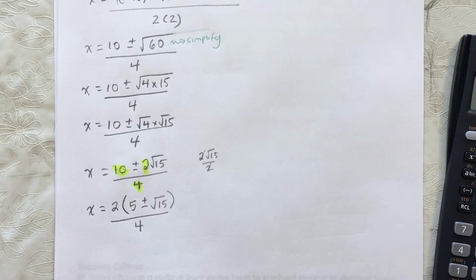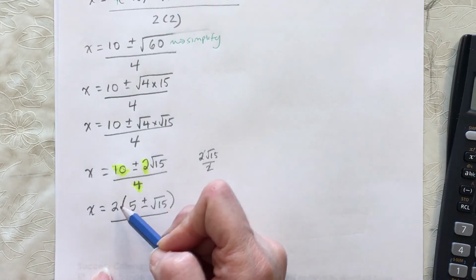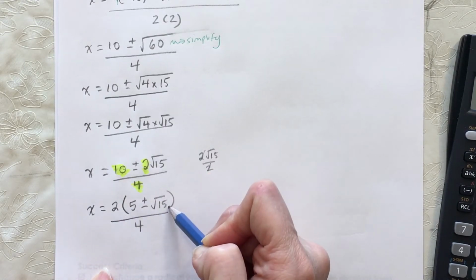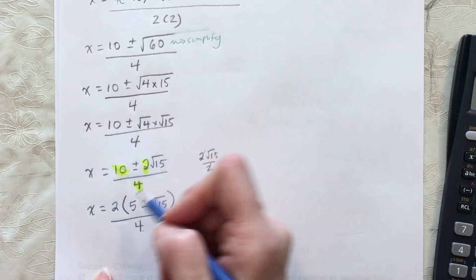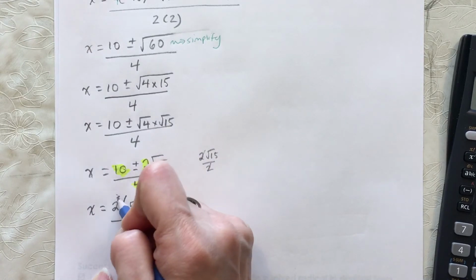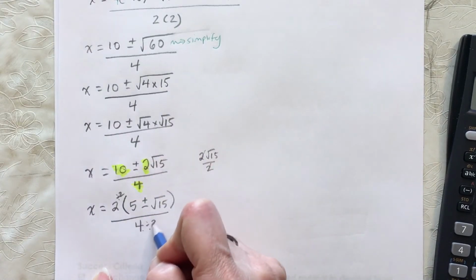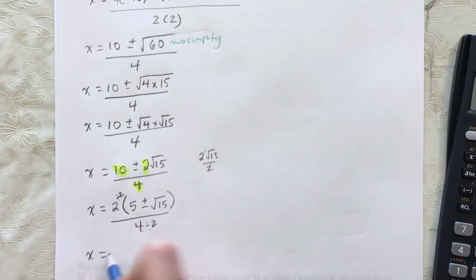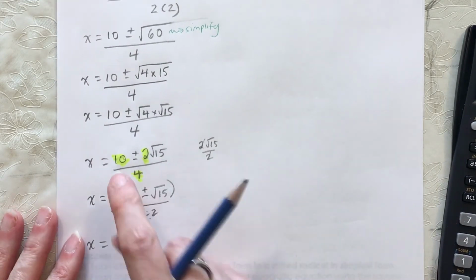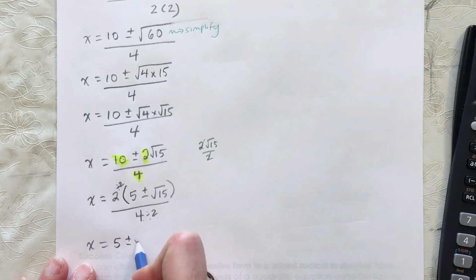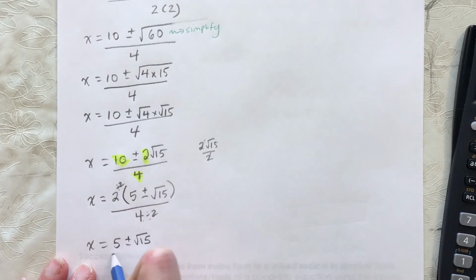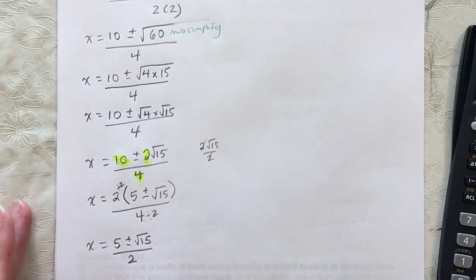Now I've got 2 multiplied by this radical part, 5 plus or minus root 15, over 4. I can now divide top and bottom by 2. 2 divided by 2 is 1, so what's left on the top is 5 plus or minus root 15, and what's left on the bottom is 2.